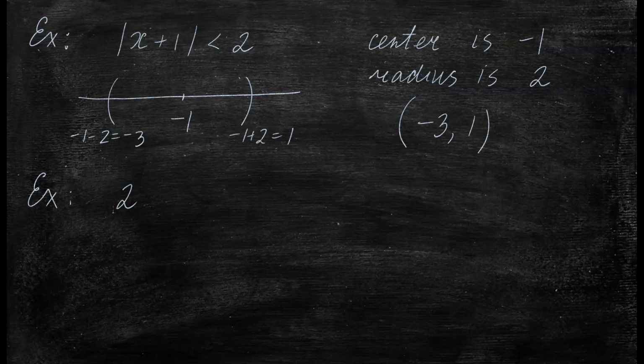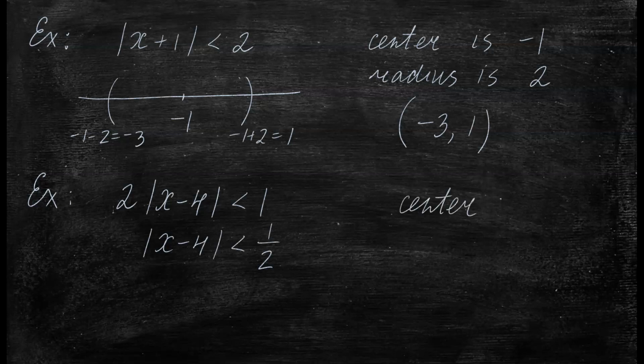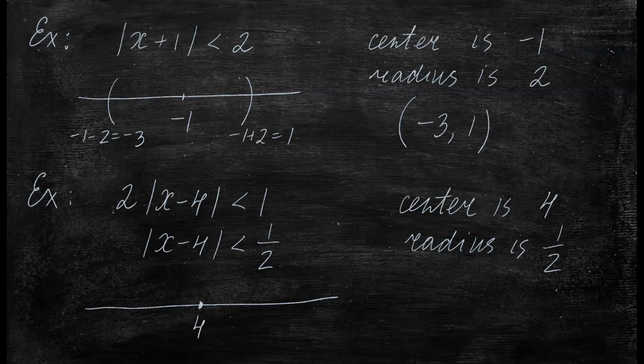Now if we have an inequality like this, for example, then the first step, we will isolate the absolute value, and then we would identify the center as 4 and the radius as 1/2, and then the interval will be centered around 4, and we're going to be adding 1/2, so it's going to be 4.5, and we're going to be subtracting 1/2, which will take us to 3.5.